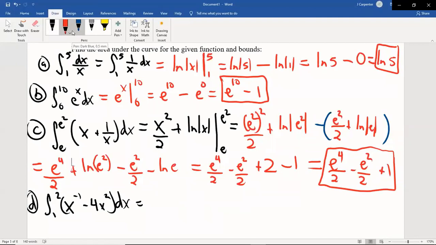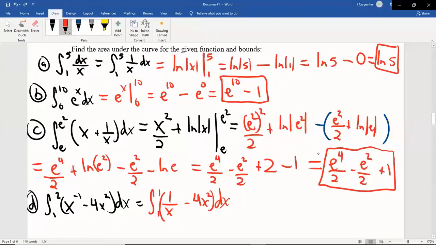So I know that some of you will want to rearrange this first and go integral from 1 to 2 of 1 over x and then minus the 4x squared dx. It's up to you if you need to do this rewrite or not. If you can go straight from this to a natural log when you integrate, you can skip the rewrite if you want. However, I would say it's probably a good idea to do the rewrite. That way a month later when you're looking at your notes, you don't get confused.